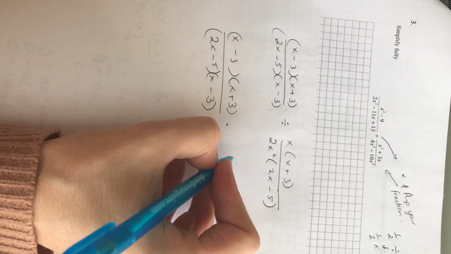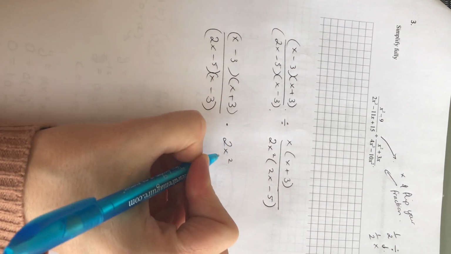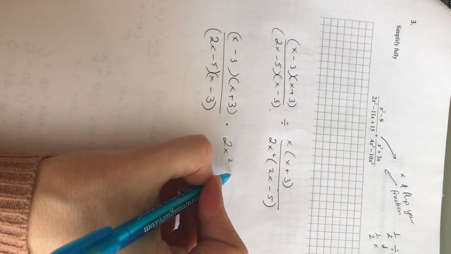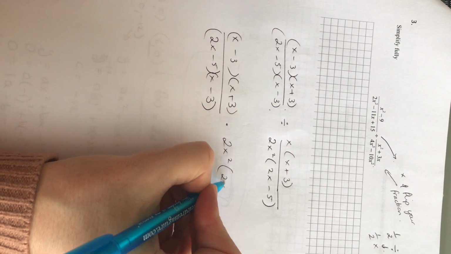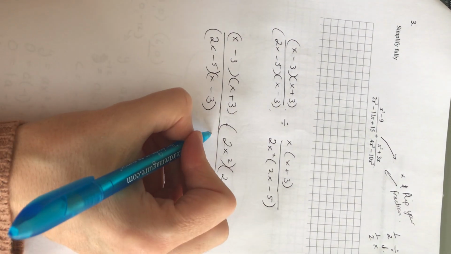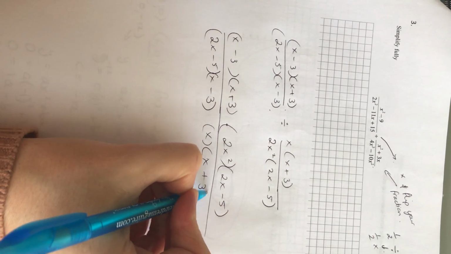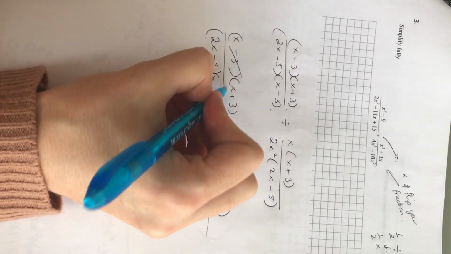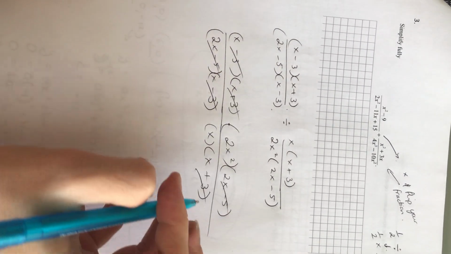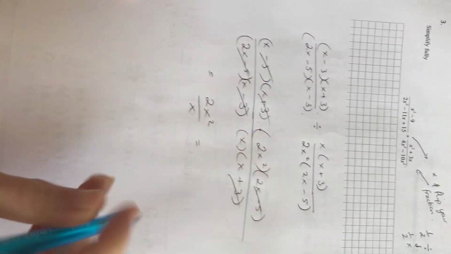You can check if it works every time. So I'm inverting my second fraction. So that's 2x squared, which is 2 by x by 2x minus 5. All this is getting multiplied top by top, bottom by bottom, x plus 3. And I can start simplifying. And I end up with 2x squared all over x.